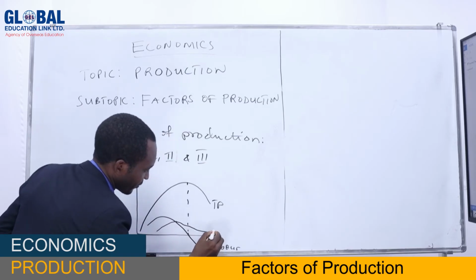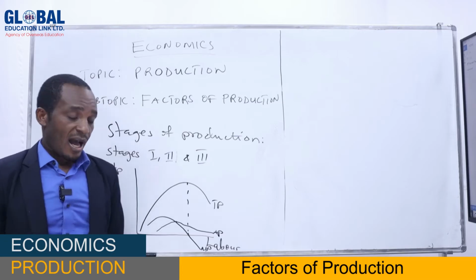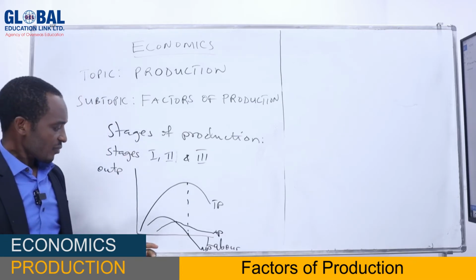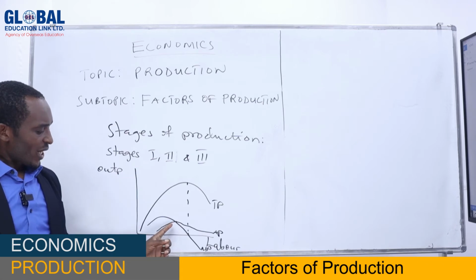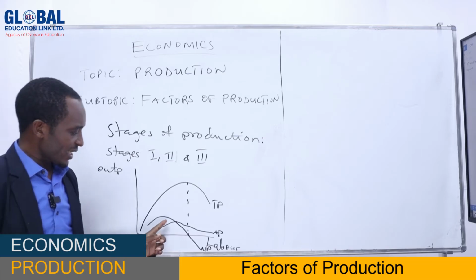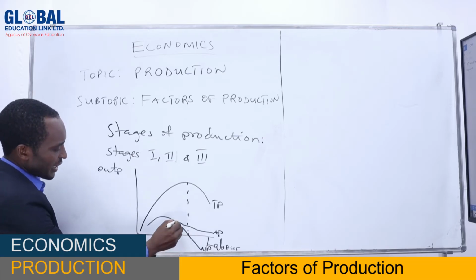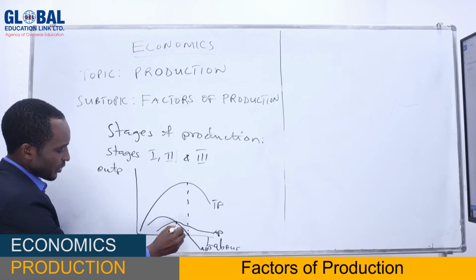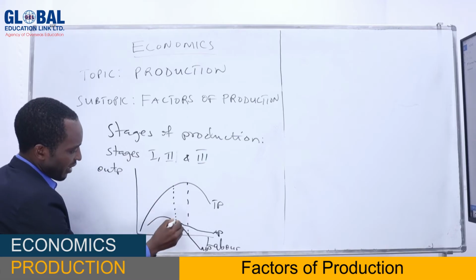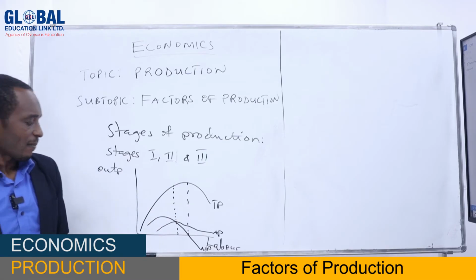This will be the average product. So when the average product and the marginal product intersect, at this point the average product is at a maximum.